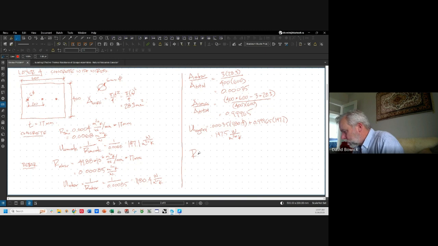So R layer 4 equals 1 over 147.5, which is 0.0068 meters squared degree Kelvin per watt. Okay, those are our first 4 layers. We're going to take a break because I've got a meeting, and I'm going to come back and do the rest of the layers.